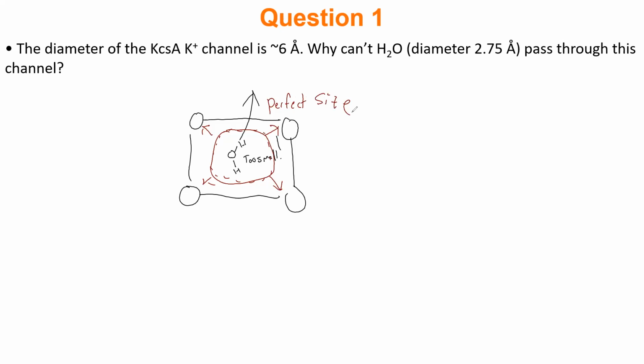A water molecule would go in there and say, this channel's too big. I can't go through it, so I'm not going to. While a potassium would go in there and say, oh, this channel's just right. It fits perfectly for size and charge. I'm happy, so I'm going to go and interact with this channel.